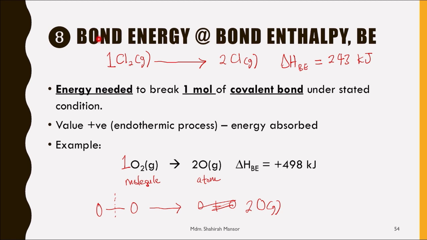This example, if you still remember, is quite similar to what we did in enthalpy of atomization, but the two are different. Enthalpy of atomization and bond energy are different. For atomization, the enthalpy of reaction must refer to 1 mole of gaseous atoms formed. In bond energy, it refers to 1 mole of covalent bonding broken.